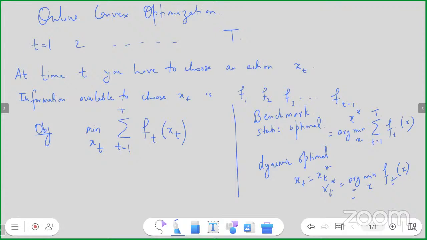I cannot do anything better than that at time t. If suppose the information structure was that all f's are known to you at time t, for little time t, what would be your xt? Xt would be simply xt star. You cannot do better than that, right?